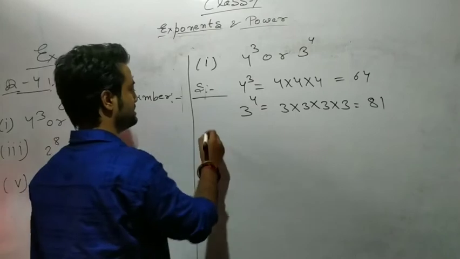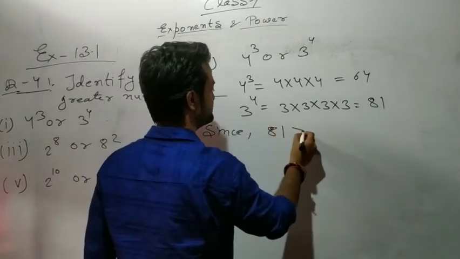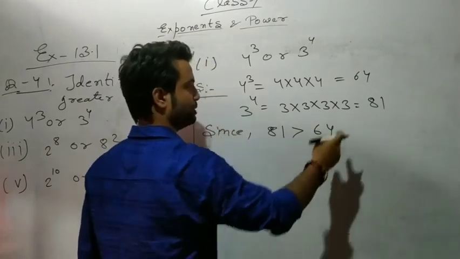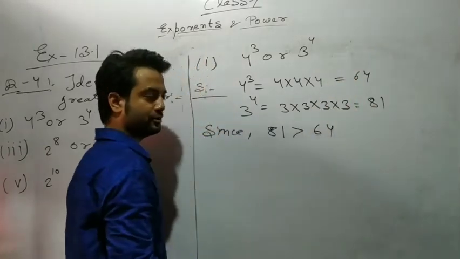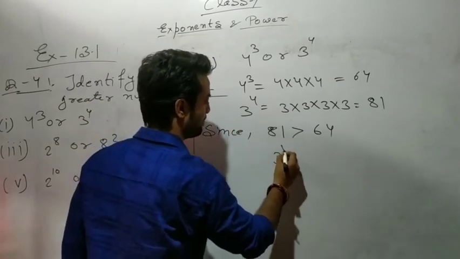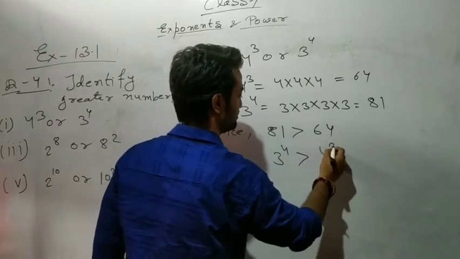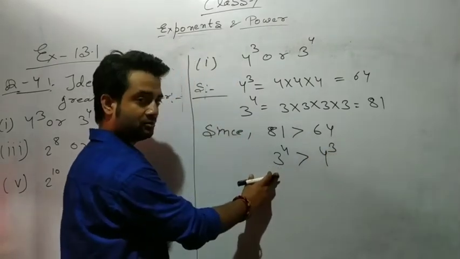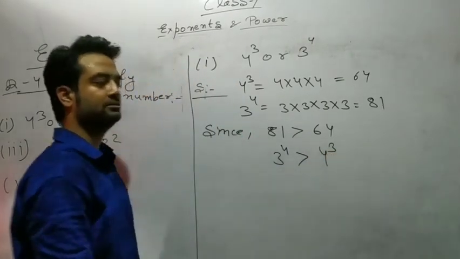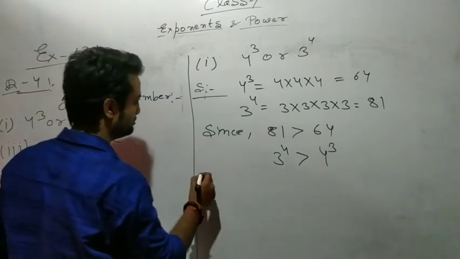Since 81 is greater than 64, 81 represents 3 to the power 4 and 64 represents 4 cubed. So 3 raised to the power 4 will be greater than 4 cubed. Hope you have understood. Now let's move to the third question.